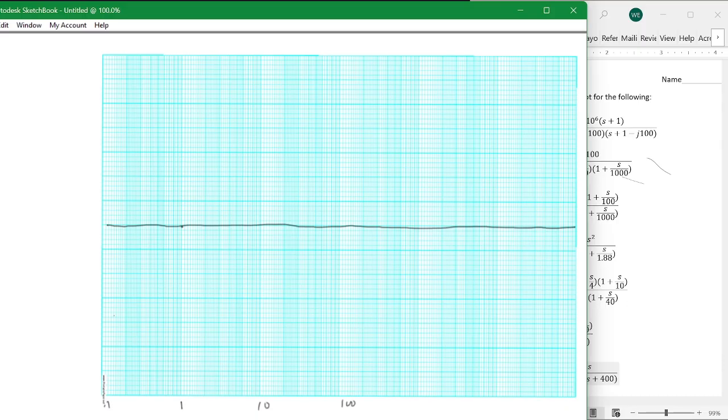Here is the one that starts at 10, 20, 30, 40. So this is the one that goes up, this is my S squared term, okay? Like that. You lay a ruler across it and it looks basically like that, although I'm sloppy. Okay, that's my S squared in the numerator.